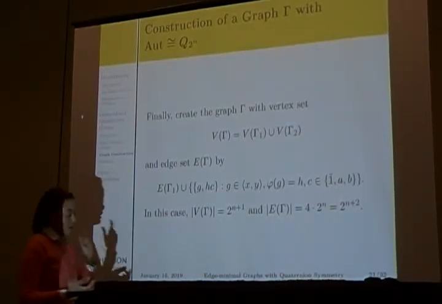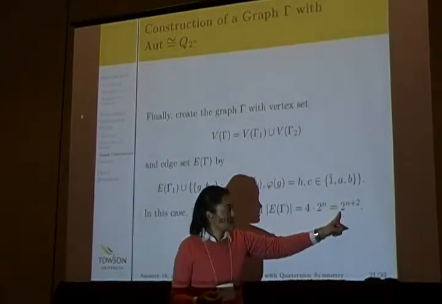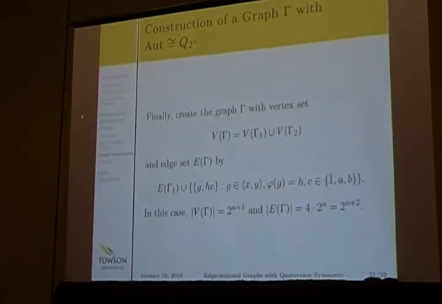And then this is our desired number of edges. That was coming from our enumeration in the line minimal problem for the Quaternion group.